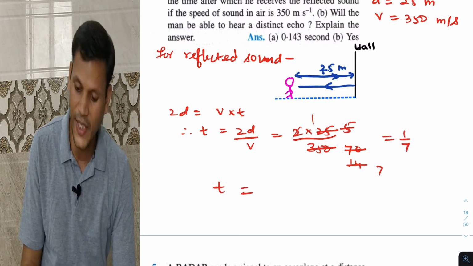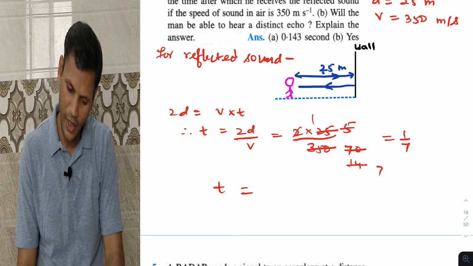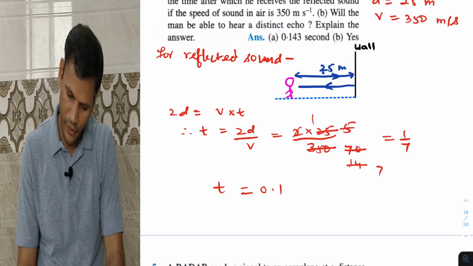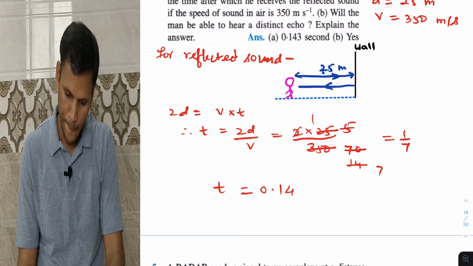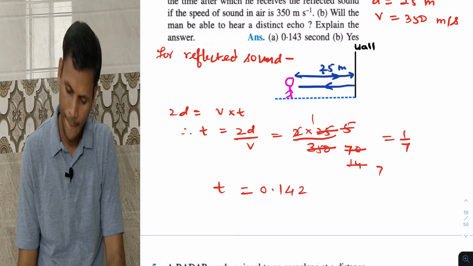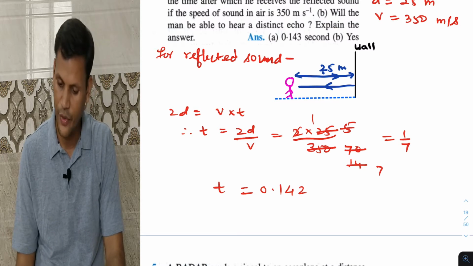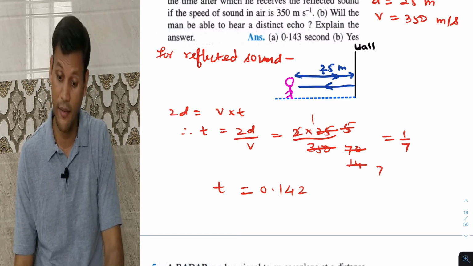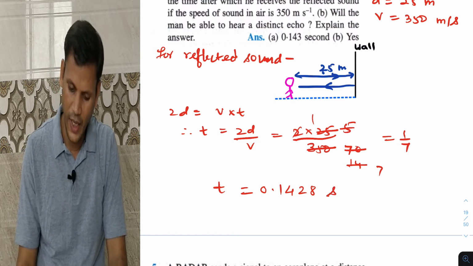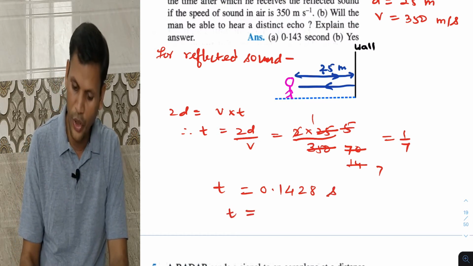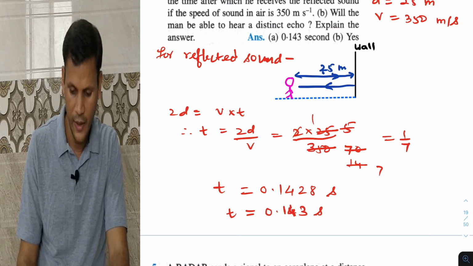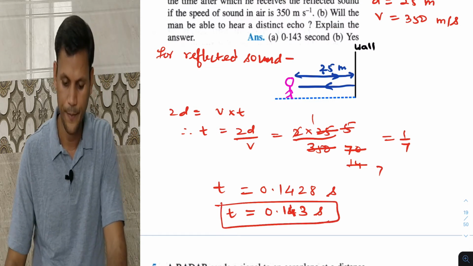So time t is equal to 1 by 7, which on dividing is approximately 0.143. So that much seconds. If we round off, it will be 0.143 second. Okay, this is the answer.